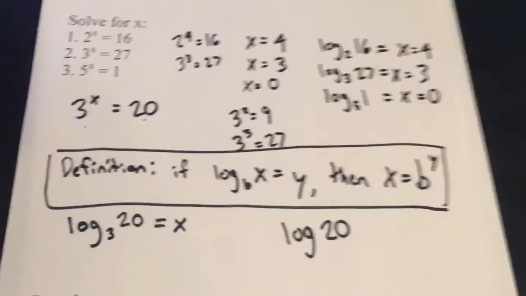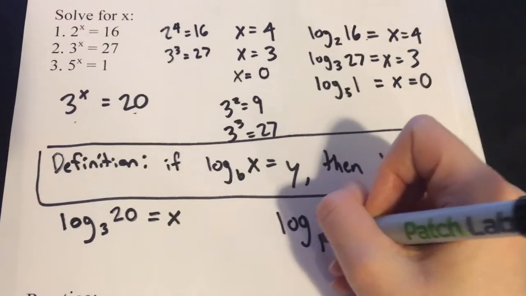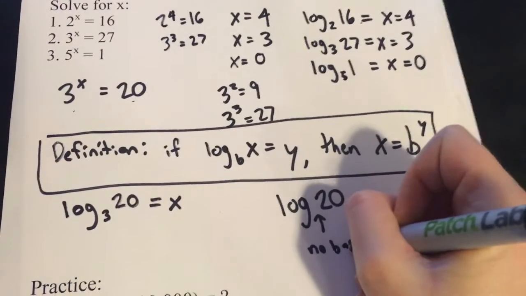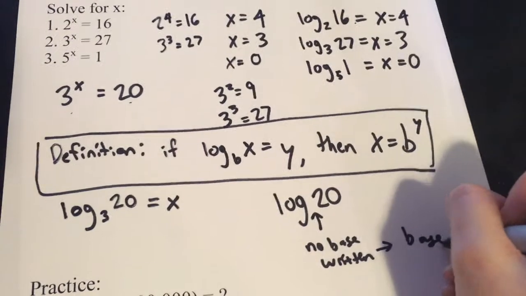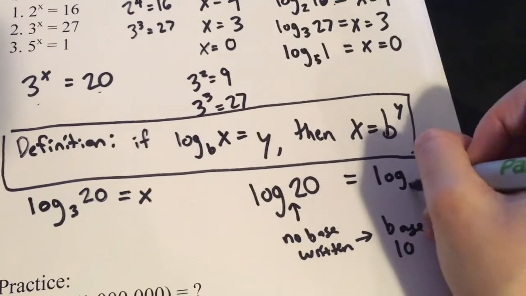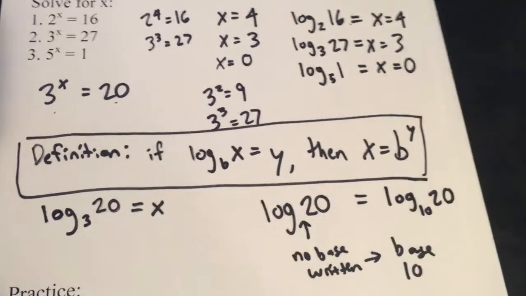Anytime you have scientific notation, you have 10 to some exponent. So if no base is written, you assume it's base 10. So log 20 would be the same thing as log base 10 of 20: 10 to what power gives you 20.